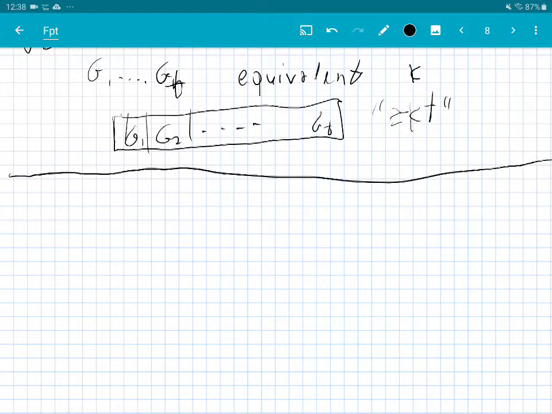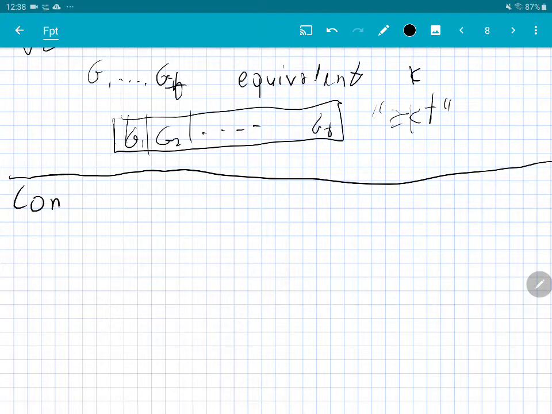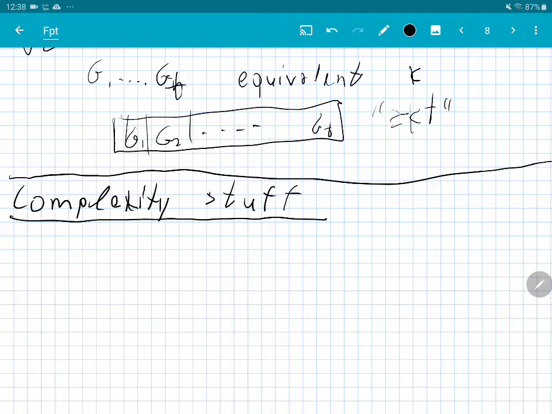Okay, so we need to start talking about some complexity stuff. And let's start by talking about the class coNP, right? So coNP, of course, is the class where if the answer is no, there is a proof, and this proof can be verified in polynomial time. It's the complement of NP, where if the answer is yes, there is a compact proof that can be verified quickly.